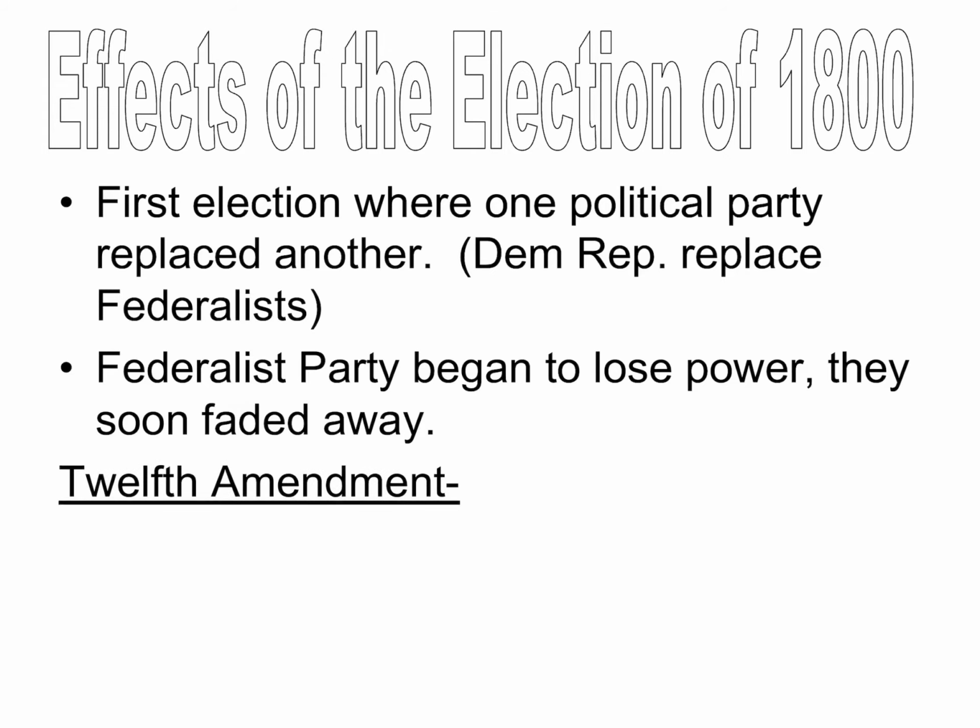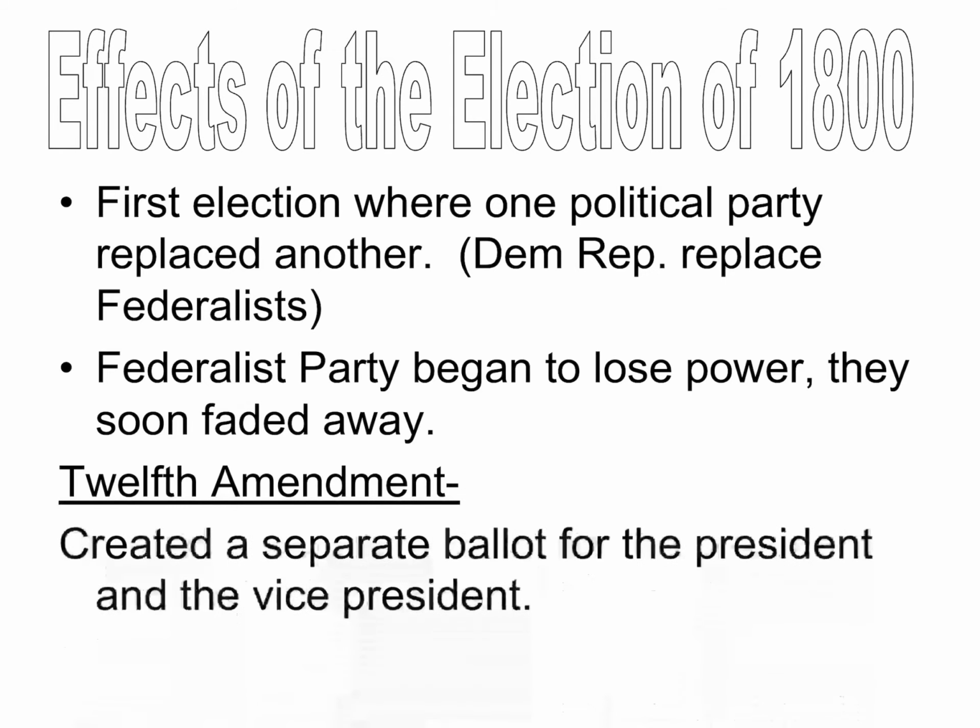Another major change because of the election of 1800, the way we choose our vice president. The 12th Amendment was passed soon after the election of 1800, creating a separate ballot for the president and the vice president. This is not how we choose our vice president today. They wound up changing this again. Today, the president chooses who he wants to run with.